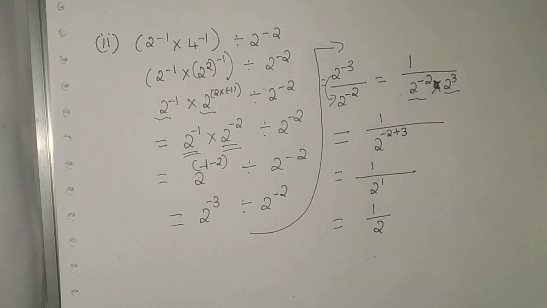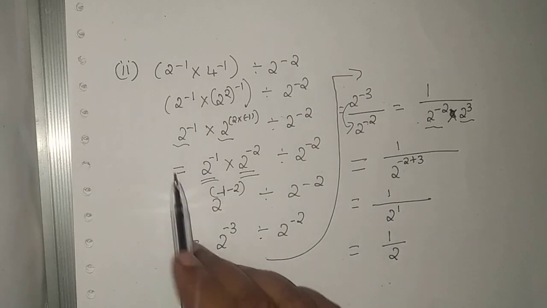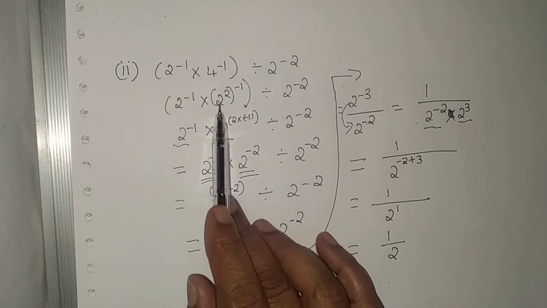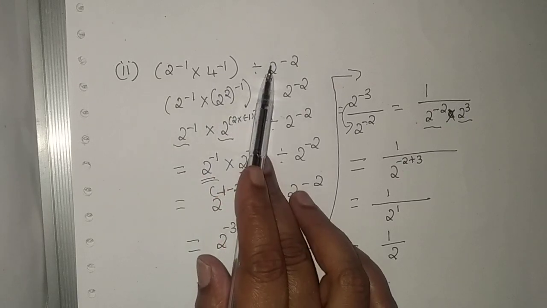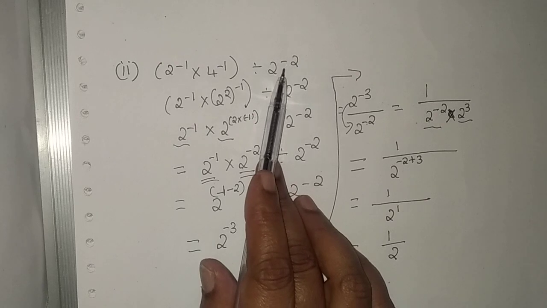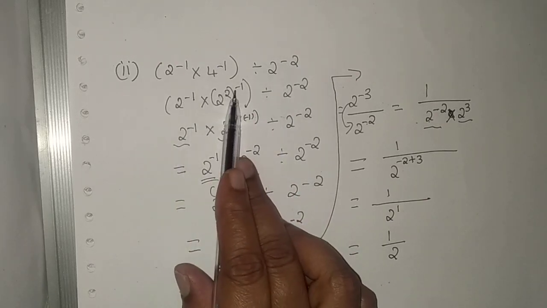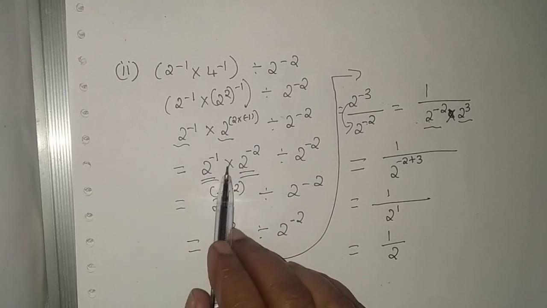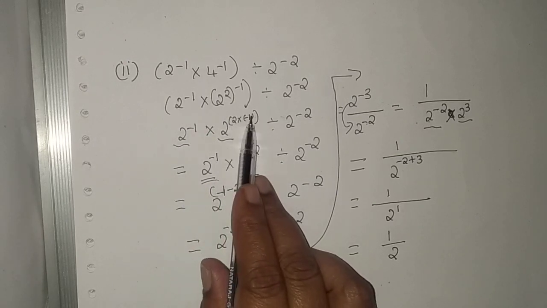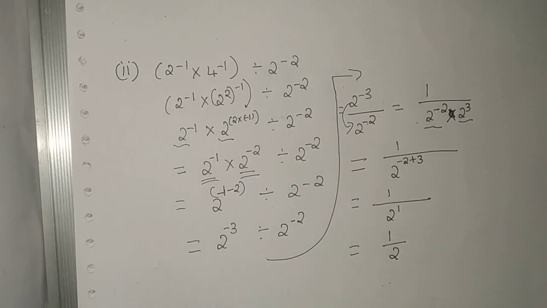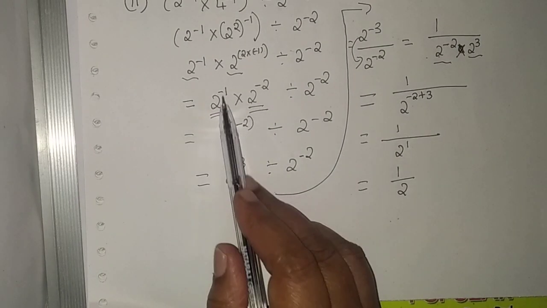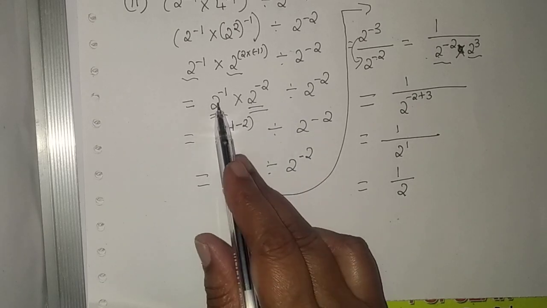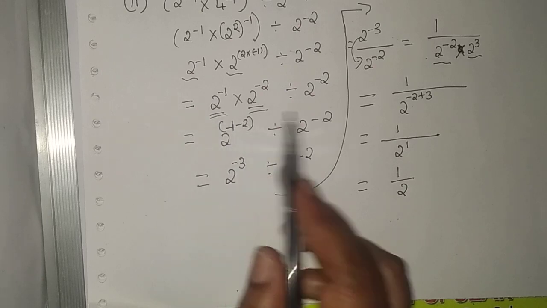So this is the solution. Once again I will explain. 2 power minus 1 remains as it is. 4 can be written as 2 square, to the power of minus 1, divided by 2 power minus 2. Now this can be written as 2 into minus 1. See here, 2 power minus 1 remains as it is. Multiply the powers and write minus 2, and next, since the base is common, write 2, then the powers will be minus 2 minus 1, minus 2.